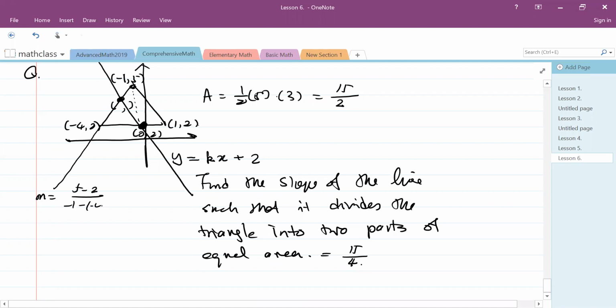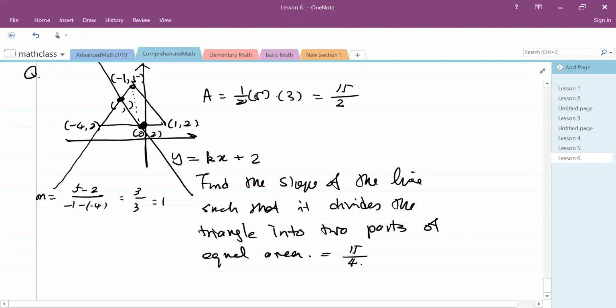It's going to be 3 over the difference of the y coordinates, right? The difference of y coordinates, 5 minus 2, then the difference of the x coordinates, it's also 3. It's actually 1, right?